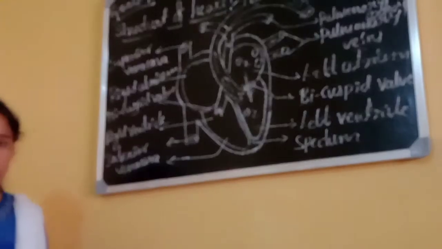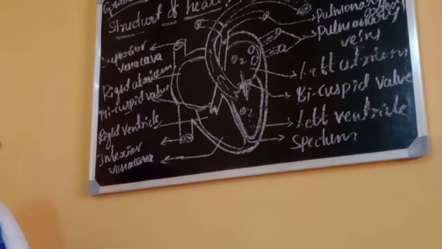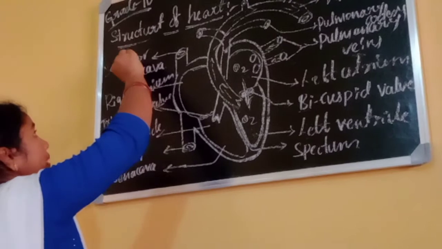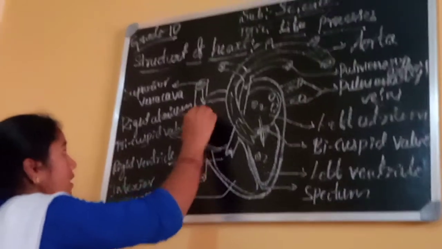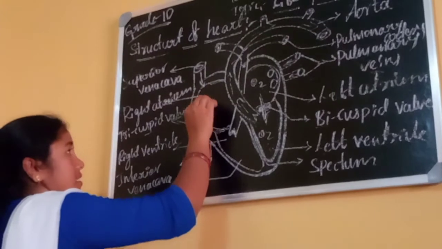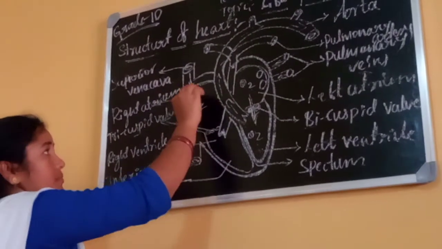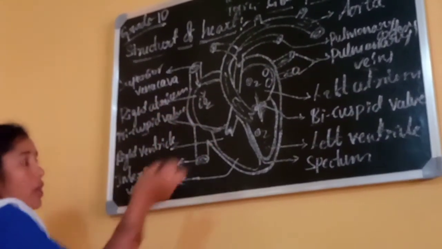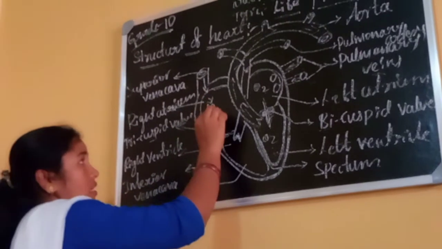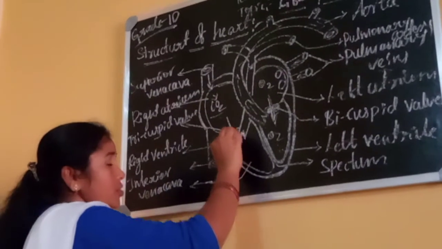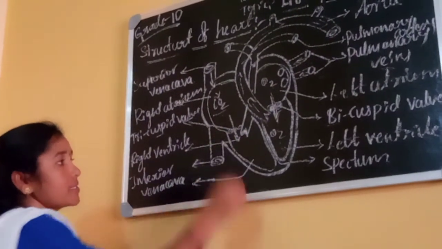Carbon dioxide rich or deoxygenated blood comes from the organs to the heart through the superior vena cava. It enters the right atrium. At that time it relaxes. When it contracts, which one? The right atrium contracts. This deoxygenated blood enters the corresponding chamber, that is the right ventricle.